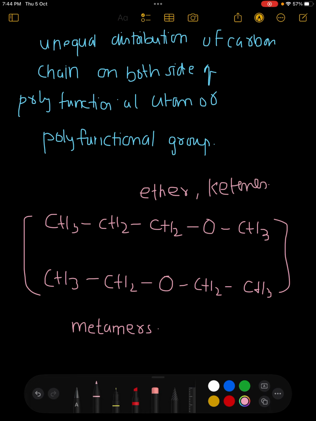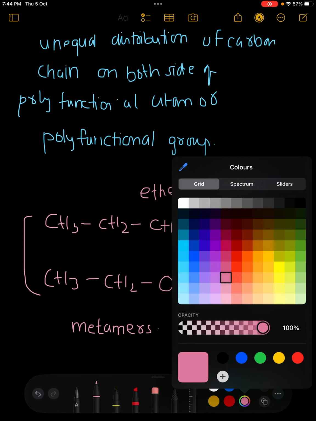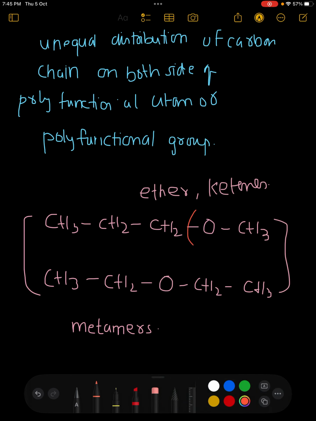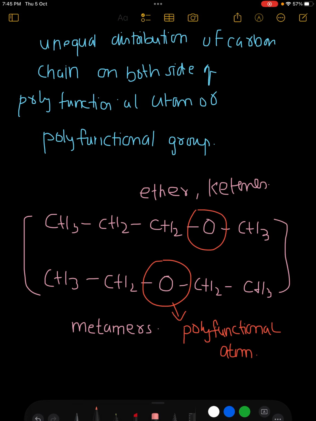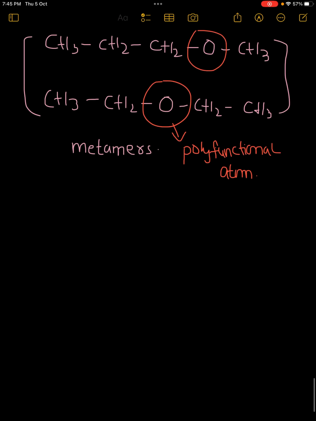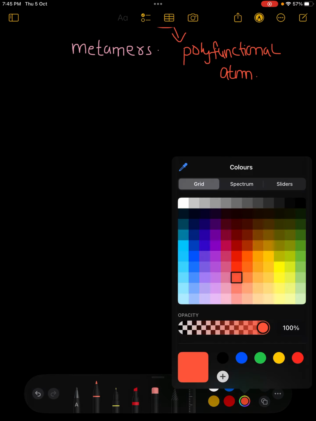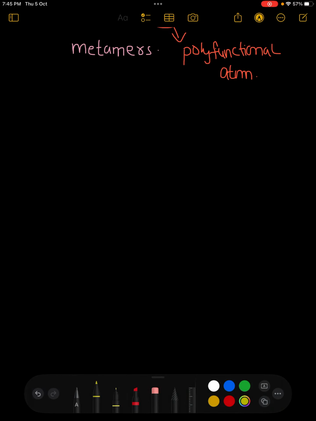Right, this is metamerism, in which there is unequal distribution around the polyfunctional atom. Here this oxygen is the polyfunctional atom or polyfunctional group.